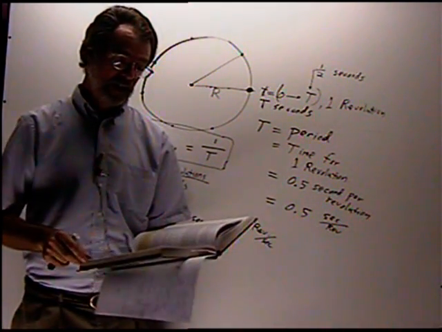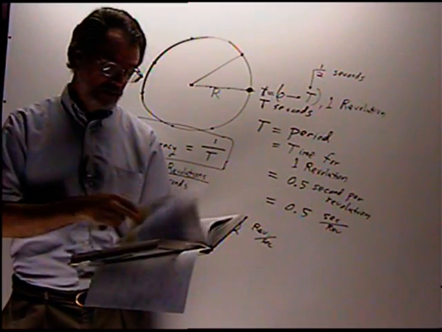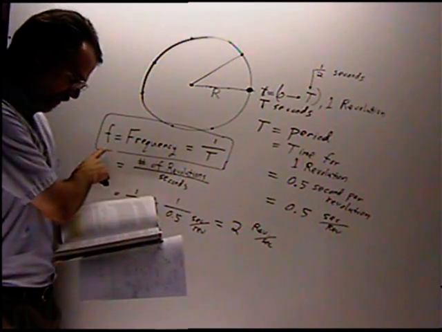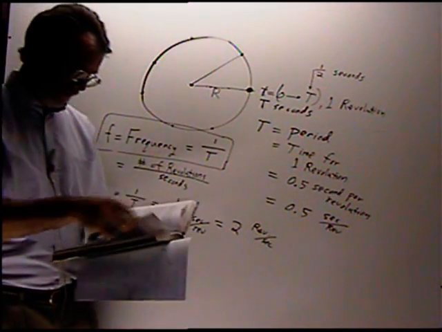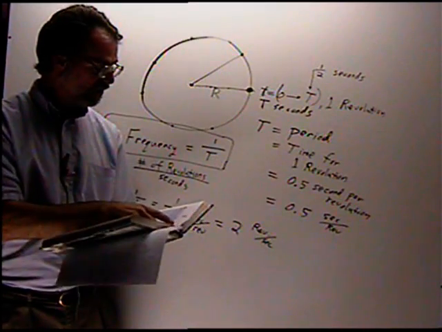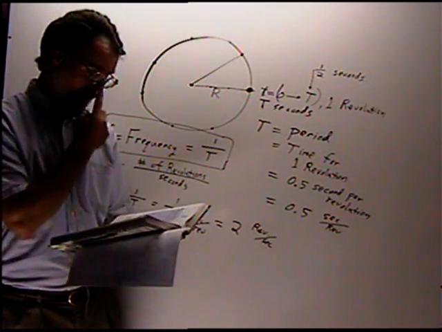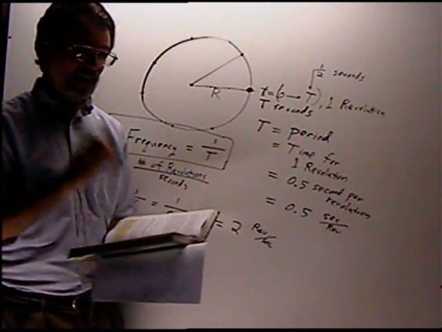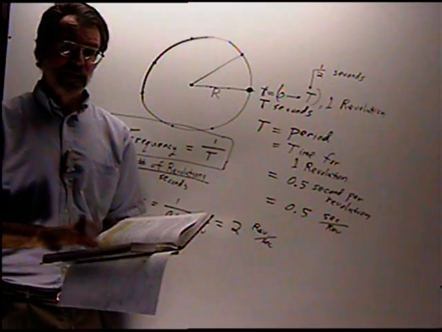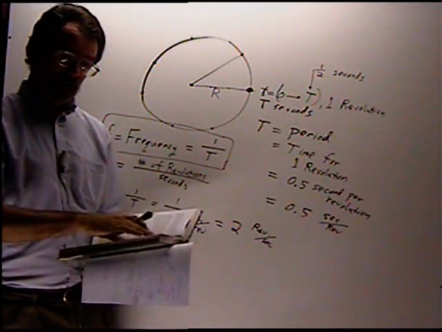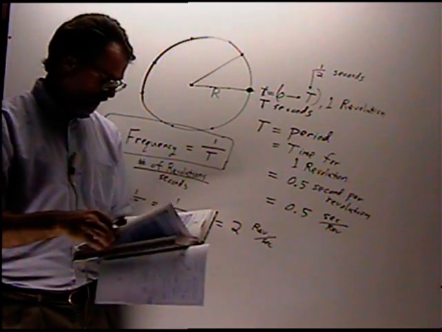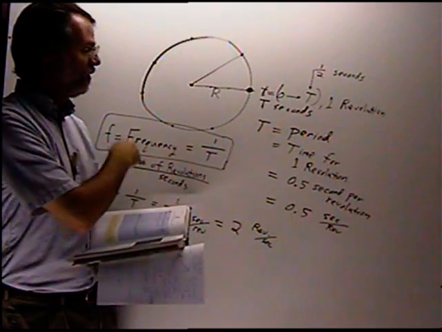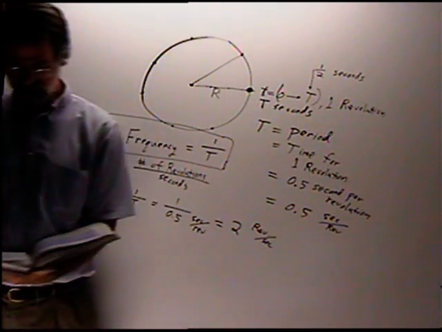Flip over to page 235, way in toward the back of the chapter, and you will see this equation: the frequency is 1 over the period. Actually, it's on the top of page 236. Instead of saving this for the back of the chapter, I think the author really should have described this at the front of the chapter, because to really talk about circular motion, we have to talk about the very basics of revolutions, periods, and frequency.